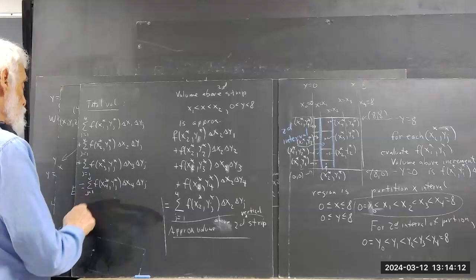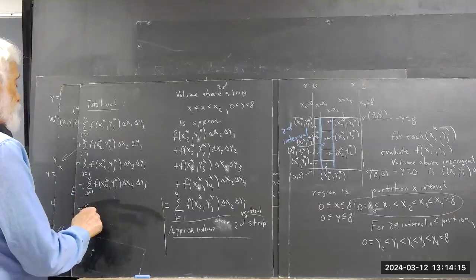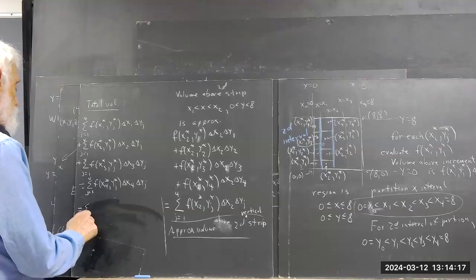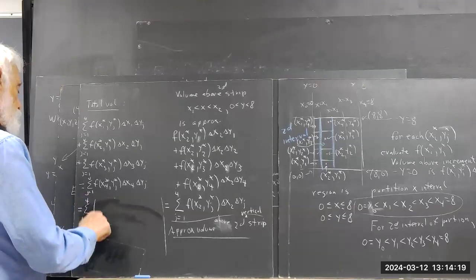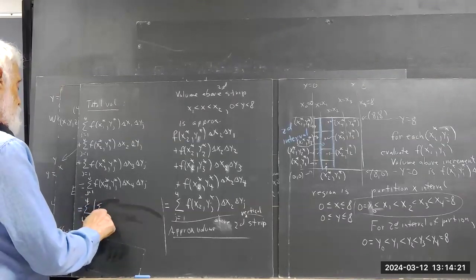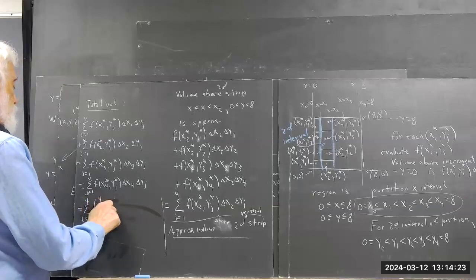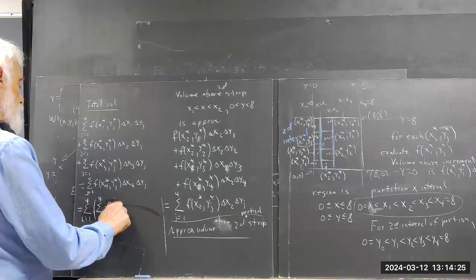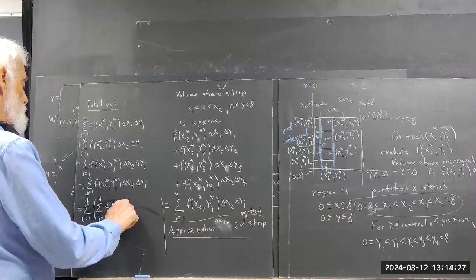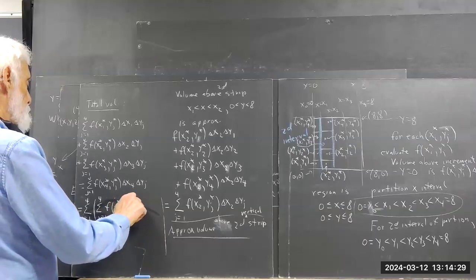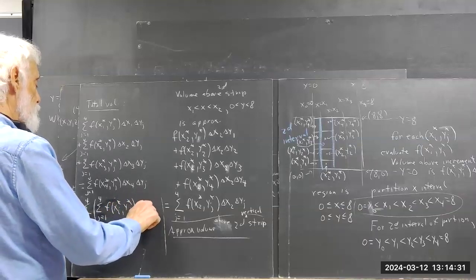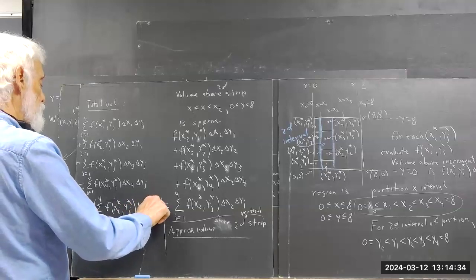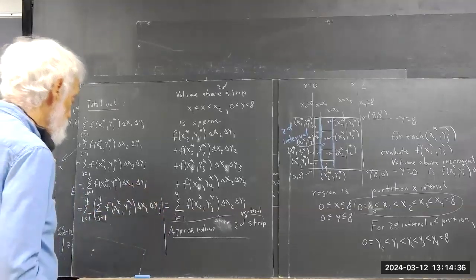So I can write all this as the sum from i equals 1 to 4 of the sum from j equals 1 to 4 of f of xi star, yj star, delta xi, delta yj.